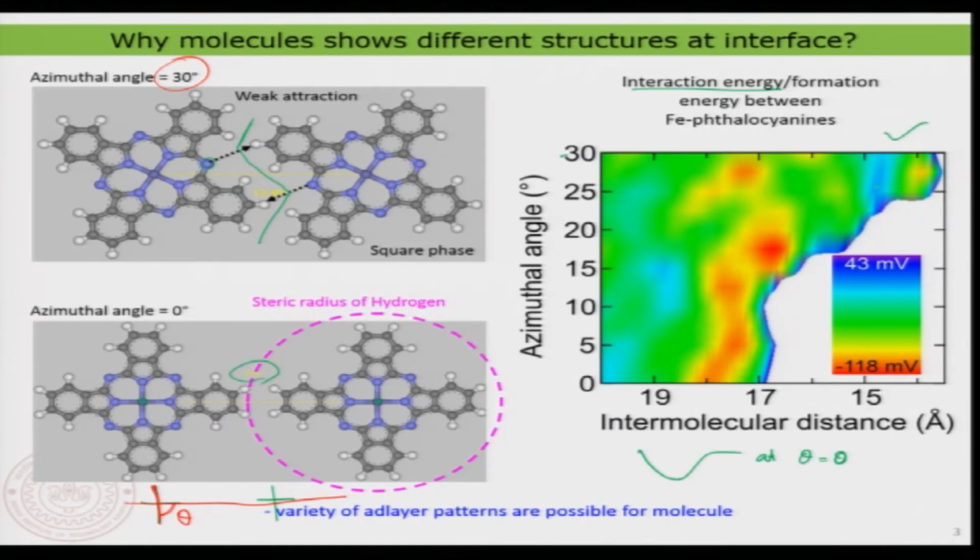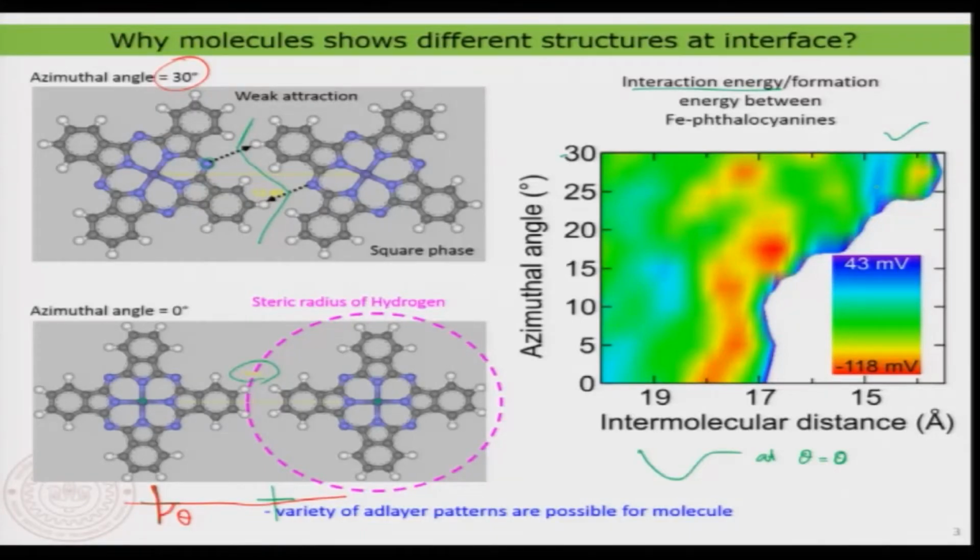Whenever energy is negative, that means it is a kind of stable dimer, because 0 corresponds to the energy of a single molecule. Whenever a dimer is formed, you compare the energy with respect to a monomer and say how much the energy is stabilized. Therefore, negative means that it is more stable.